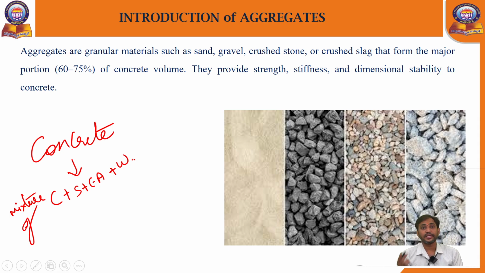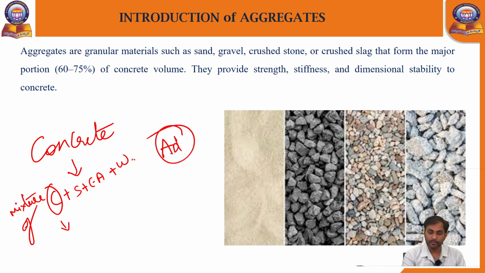In the past lecture videos, lecture 2.1 and lecture 2.2, we discussed cement. And in lecture 3.1 and lecture 3.2, we discussed admixtures. Admixtures are additive materials that are mixed during or before the mixing process of a concrete member. Now, in today's lecture video, we are going to discuss aggregates.